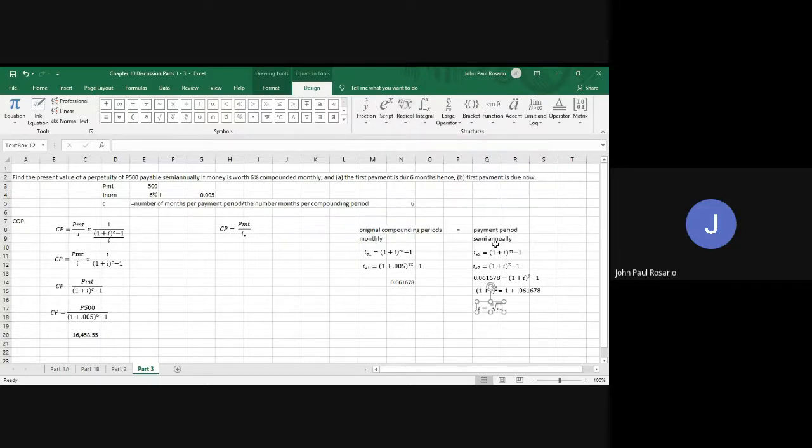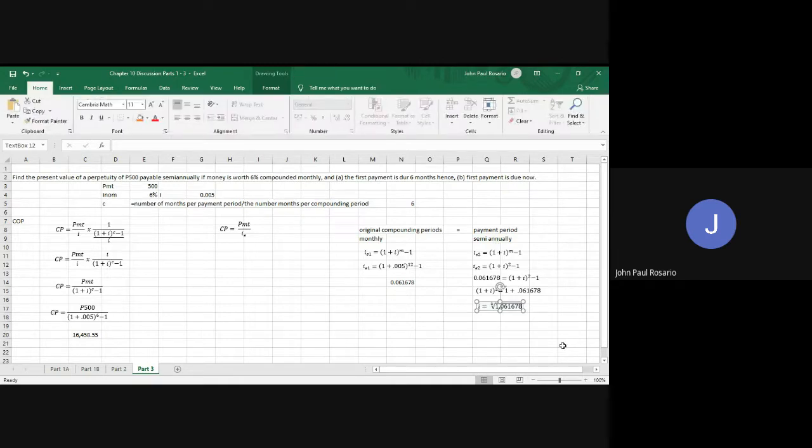That would be the square root of 1.061678. Then outside of that we deduct 1.